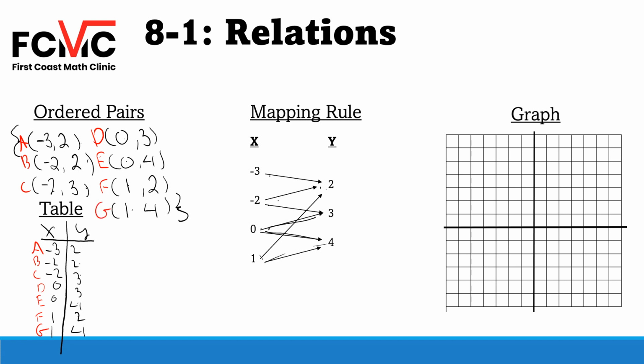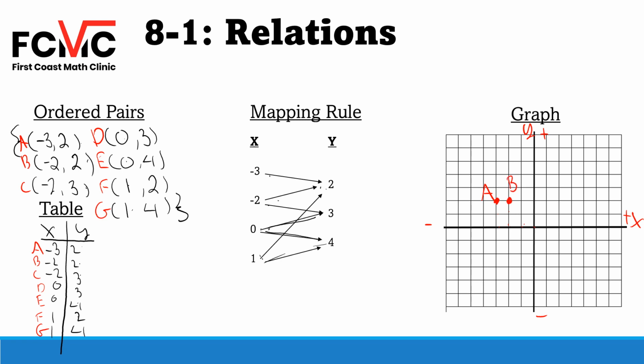So negative 3, 2 again, X and Y, that's positive, negative, positive, negative. Negative 3, 2, X is negative 3, 1, 2, 3, Y is 2. So that's point A. B is negative 2, 2, 1, 2, 1, 2.